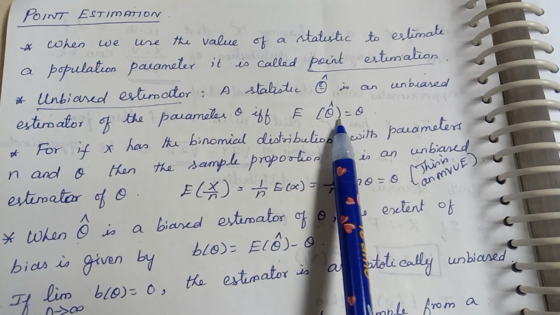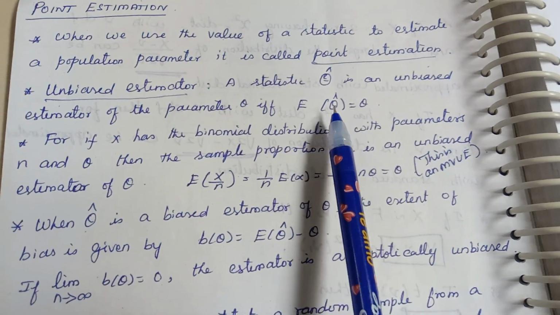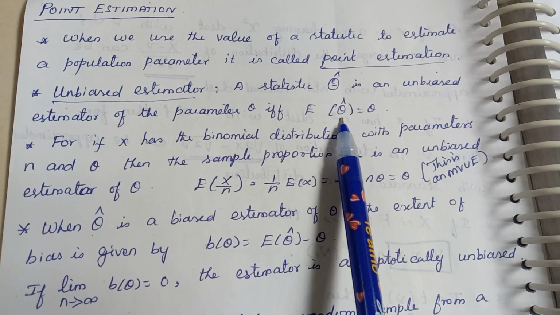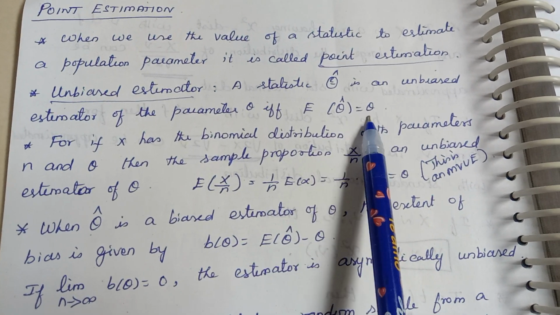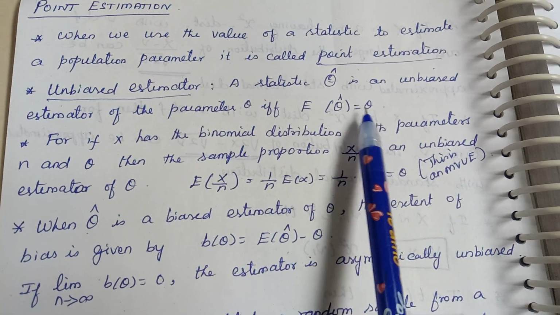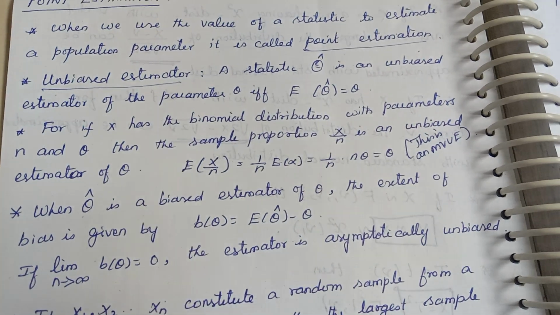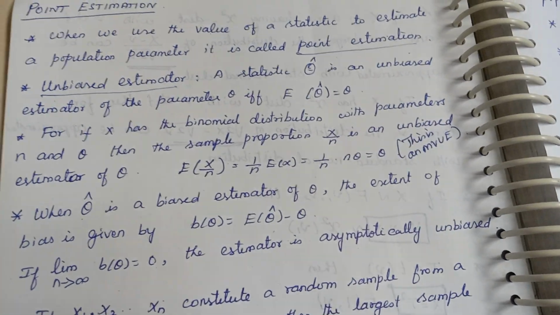This is the condition you have to remember. Unbiasedness means expectation of theta cap equals theta. Theta cap is the mean of the sample and theta is the mean of the population. If this condition is satisfied, that estimator is said to be an unbiased estimator. Now let's see some examples.